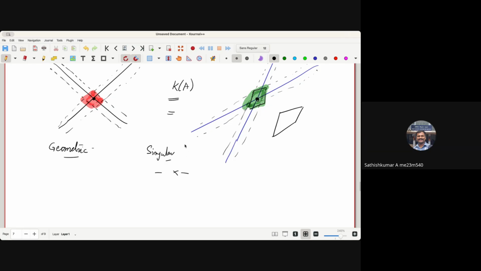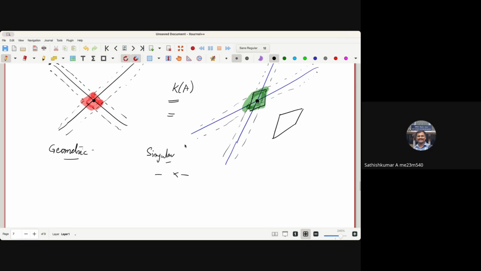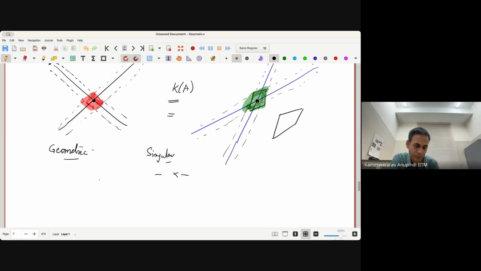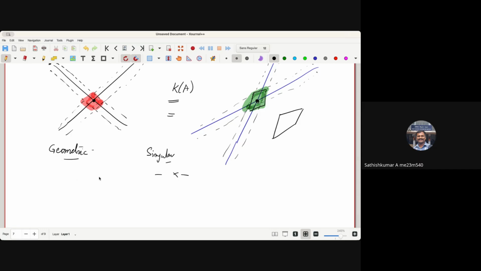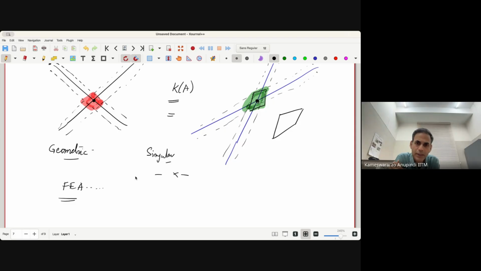This condition numbers and the matrix norm, for example, in the background calculation of a solver, if you're doing, say, FEA, how does this error computation reflect there in terms of where the solver is running and how it is processing it? Yeah, the solution we get may not be accurate.